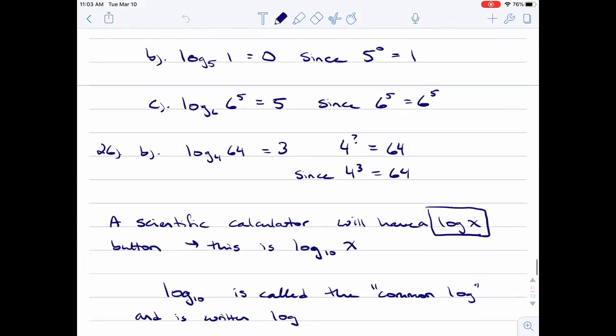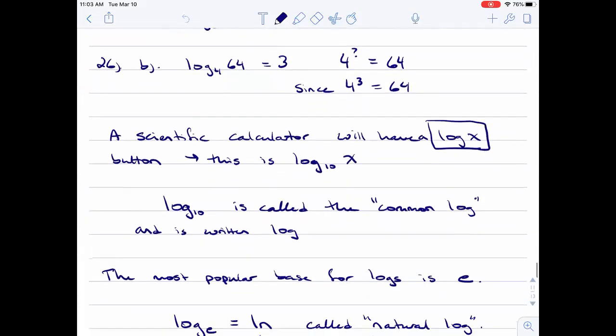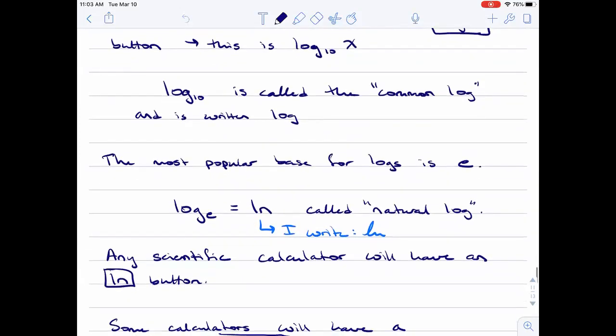And so we worked through a couple and we said, okay, well, we've got a common log, which is log base 10, which we usually just write log of x. And so if there's no base, then the base is 10. So that's the common log. And then we also introduced the natural log, which is log base e, which we usually write ln.